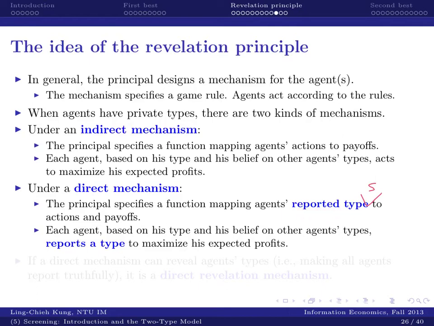No one says they're going to report their true types, but I'm going to specify a function that's going to assign actions and payoffs to agents according to their type. Each agent will, again, based on their types, report a type and try to maximize their expected utilities.